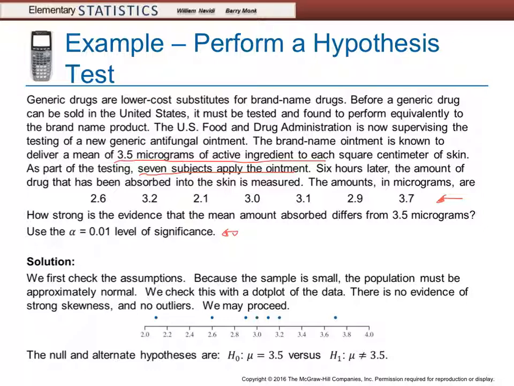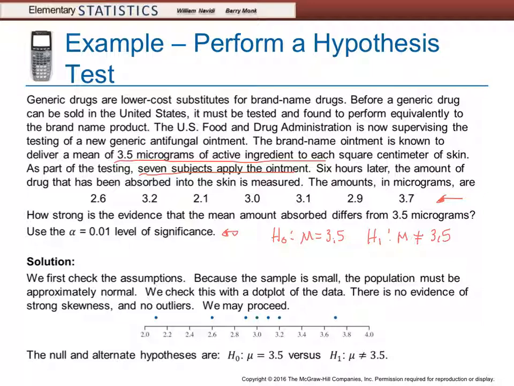So again, we can set up the hypothesis immediately. What we will be looking at is H0: mu is equal to 3.5 versus H1, where mu is not equal to 3.5. And so we check the assumptions, and we're going to check the normality issues.